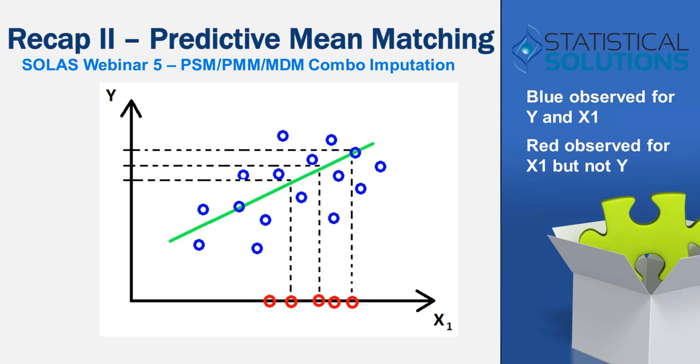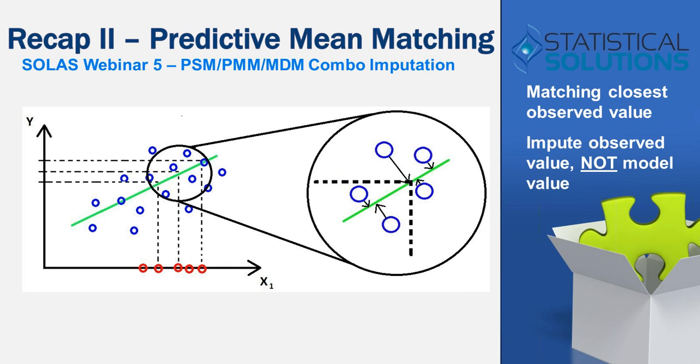And then the red values on the x-axis represent observed values for x1 but are missing for the outcome variable y. What we do is fit a linear regression model here, and we project those values onto the model, and then we match the surrounding observed values, and we use them to create donor pools to impute the missing values.